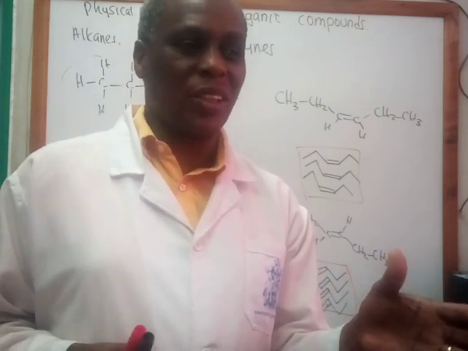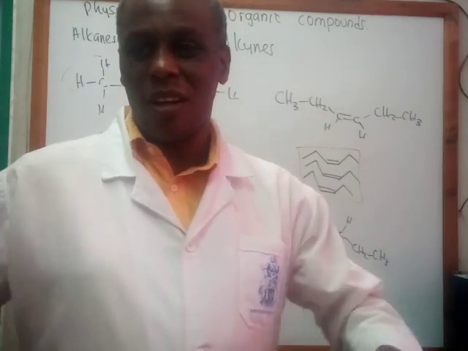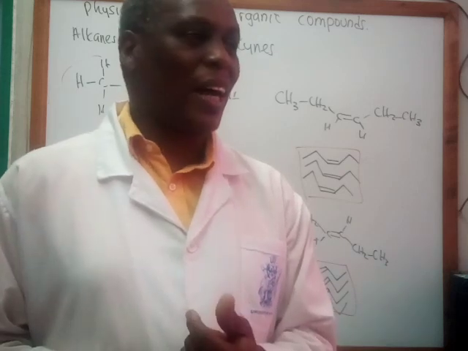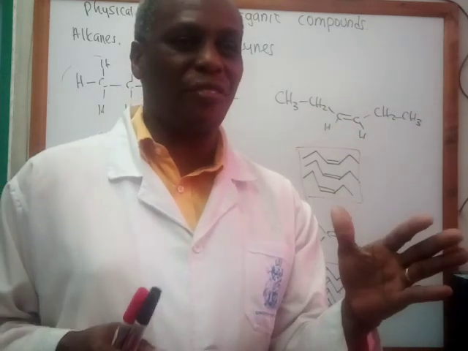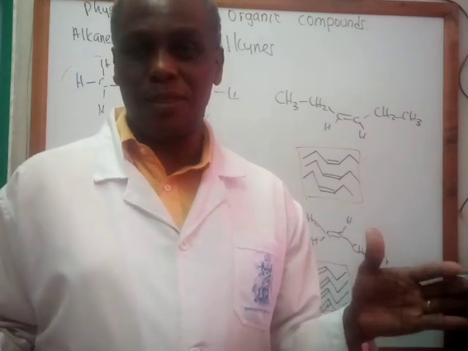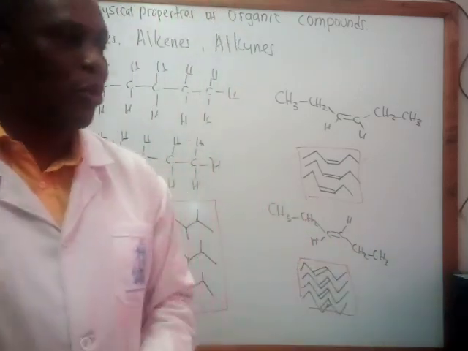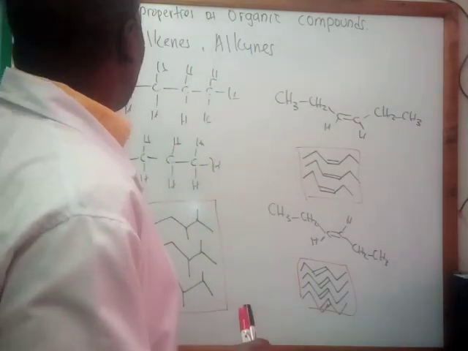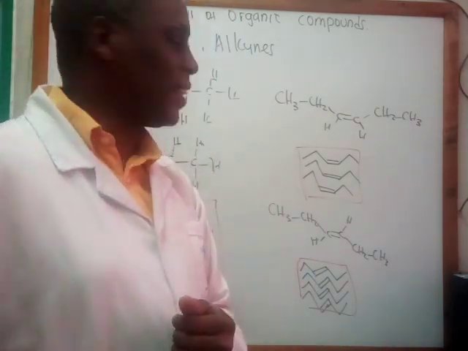One has an electronegativity of 2.1, and the other one is 2.5. So very little electronegativity difference of 0.4. We say that if you have an electronegativity difference from 0.5 to about 1.9, then that bond will be said to be polar covalent. So less than 0.5, then the bond will essentially be non-polar. So alkanes, alkenes, and alkynes are essentially non-polar.